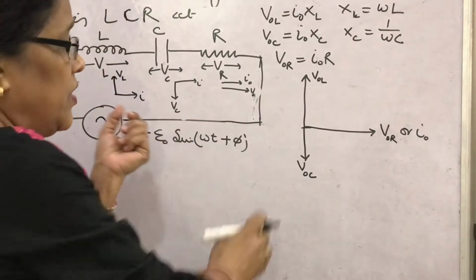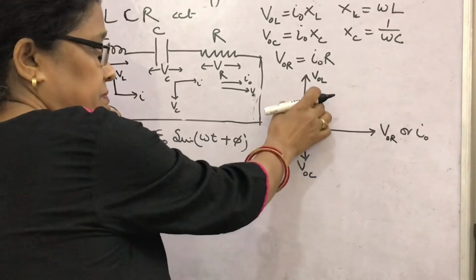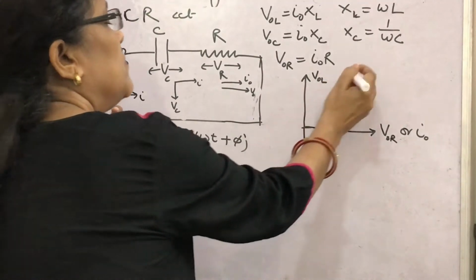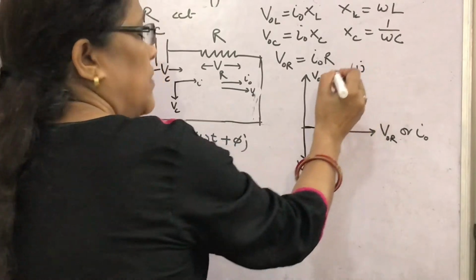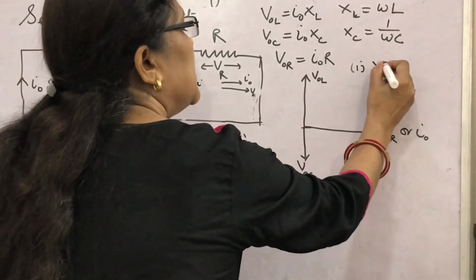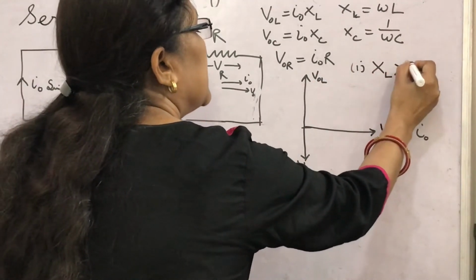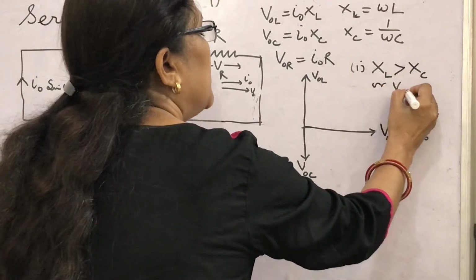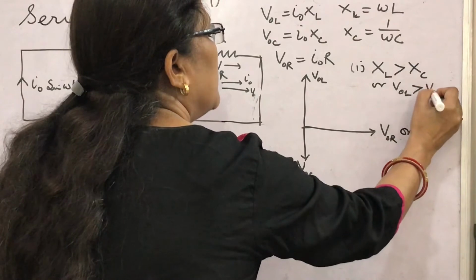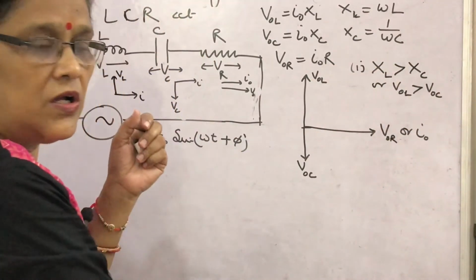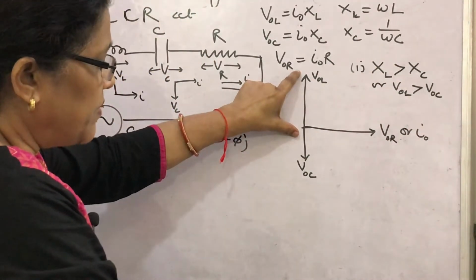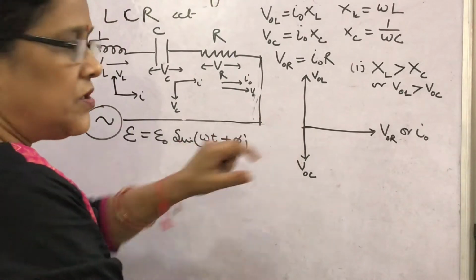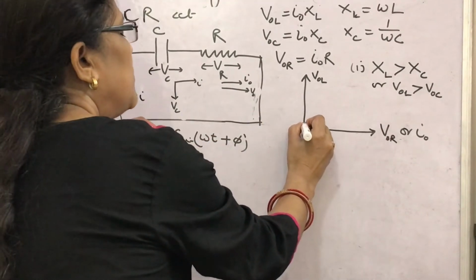So, if these two are taken one by one, if we consider that XL is greater than XC, or V naught L is greater than V naught C, I have drawn this vector bigger than this. Then what will be the resultant vector?